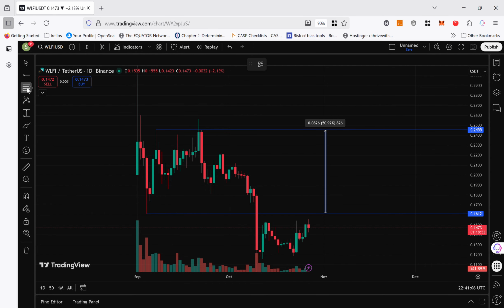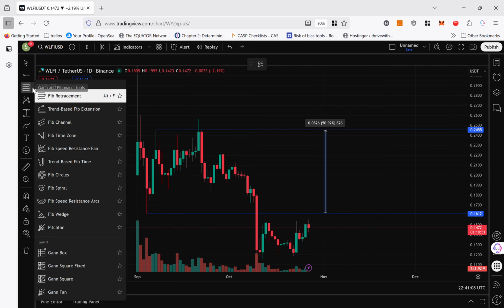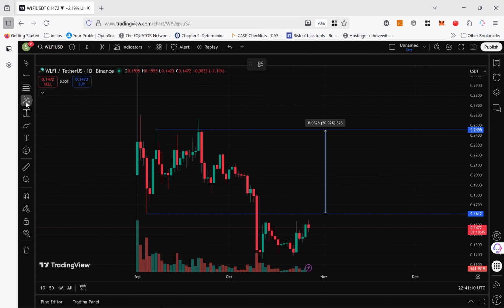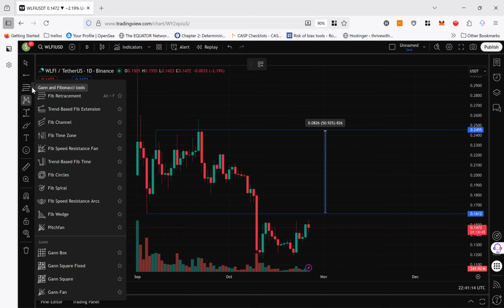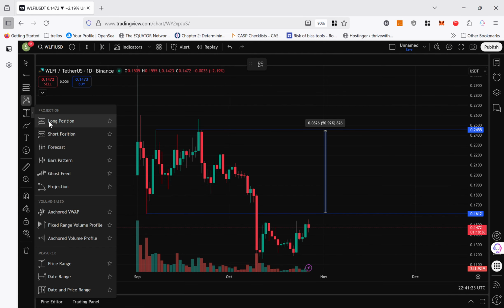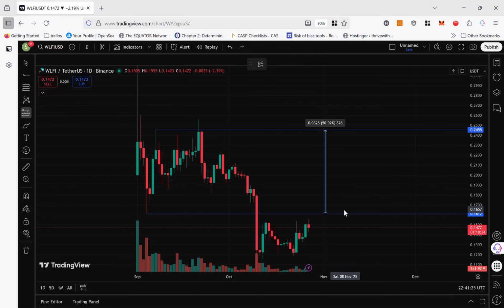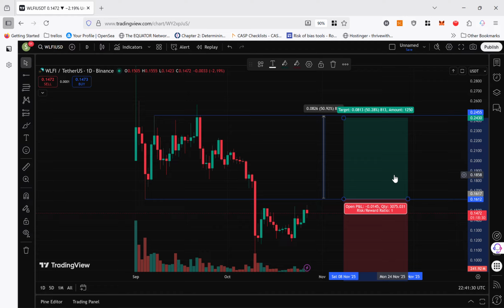Here I want to pull out the tool. Okay, I think it's here. Is it here? Here, sorry. Long position. I want to pull out the long position and apply it here. Right?